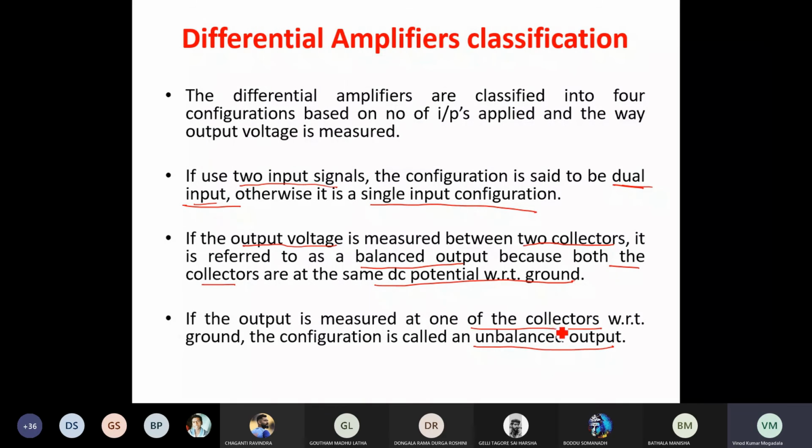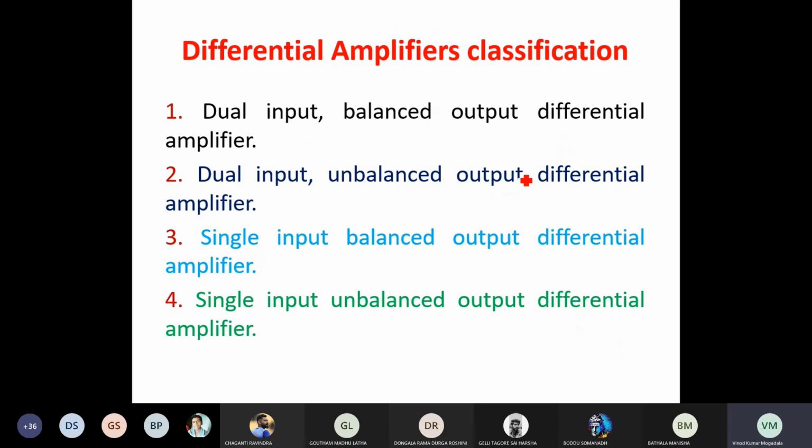So based on this, we are going to classify the differential amplifiers into 4 configurations. Right here we have two choices, dual input or single input, and we can take balanced output or unbalanced output. So a total of 2 power 2, 4 possible combinations are there.